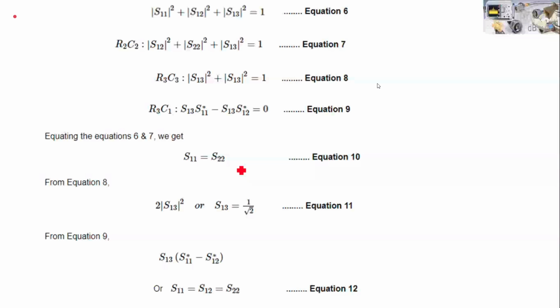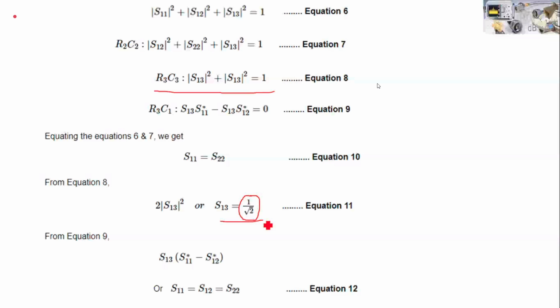Now from equation 8, S13 squared plus S13 squared, same value, so twice of S13 squared you will get, which is nothing but 1 by root 2. Correct? If you remove the square, you will get a square root here. Any confusion till here? Please tell. No confusion? No, sir.